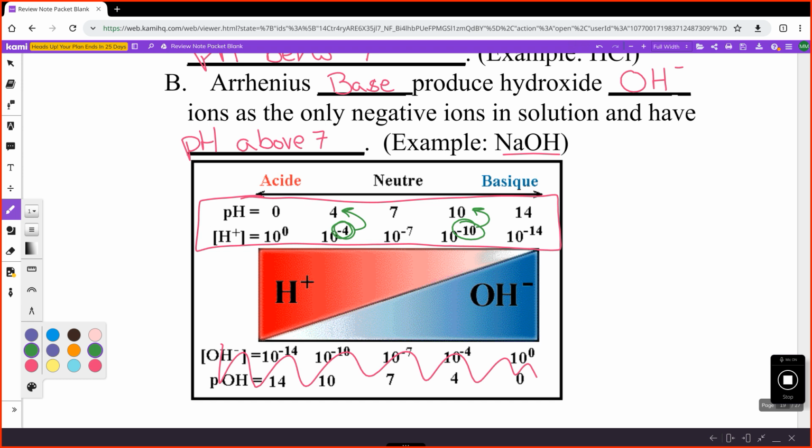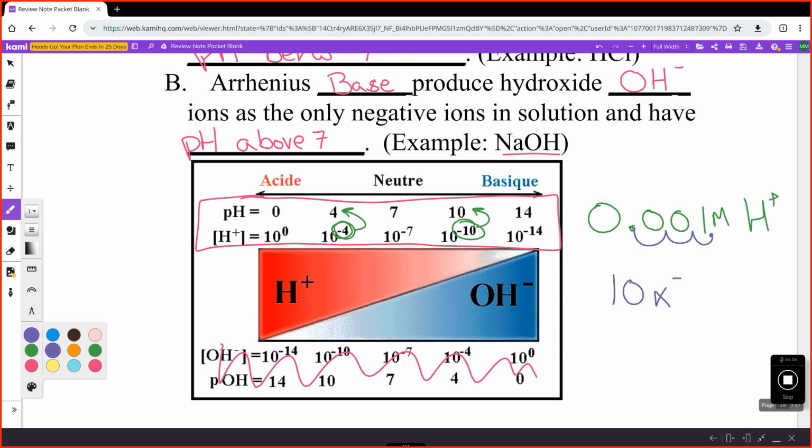The only thing you have to be on the lookout for is sometimes they won't give it to you like that. They would give it to you like this. They would say this is the concentration of H+, molarity, 0.001. And you might immediately freak out. I don't know what to do. We move that decimal place 3 times over.